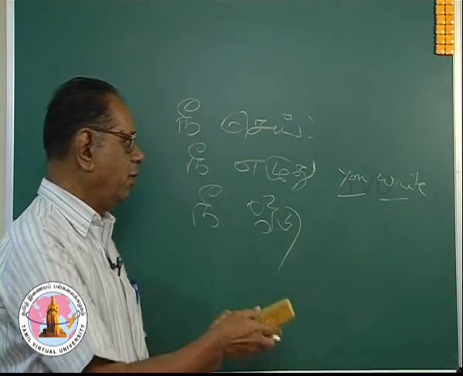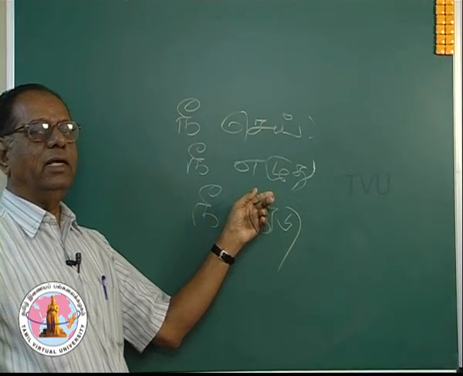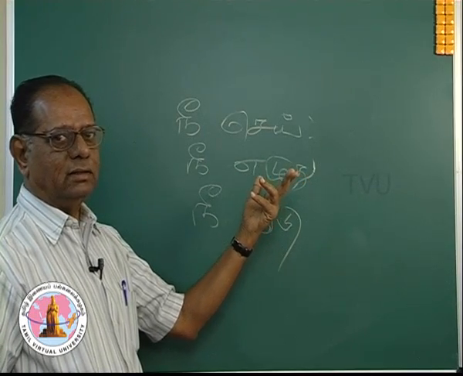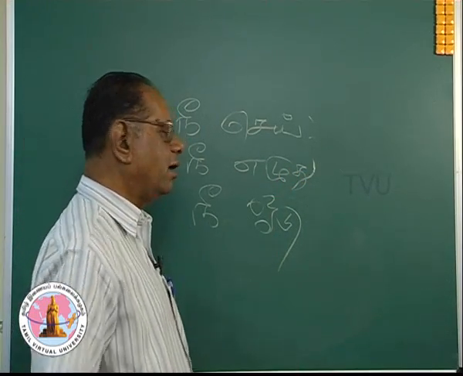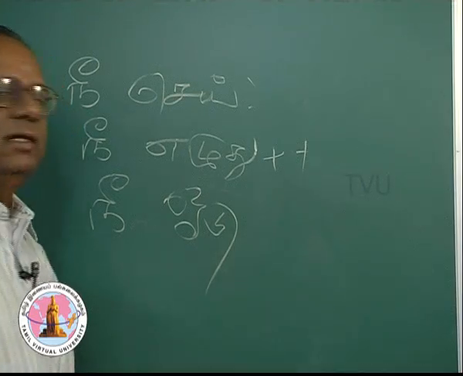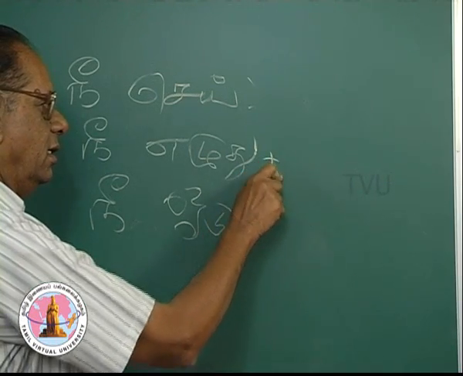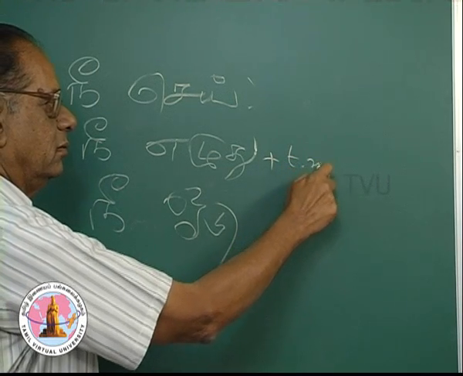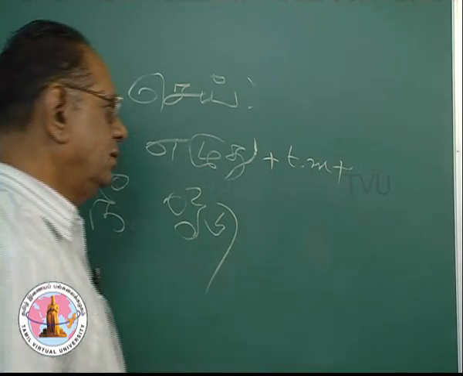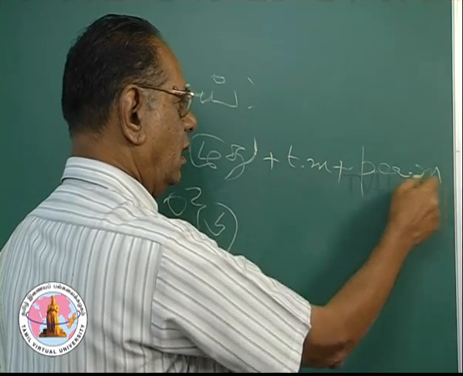Now when I say நீ எழுது in Tamil, that remains only a command. It's not a statement. So a statement must have in Tamil two more suffixes. One suffix is tense marker, I call it TM, and the third one is personal marker or PM.